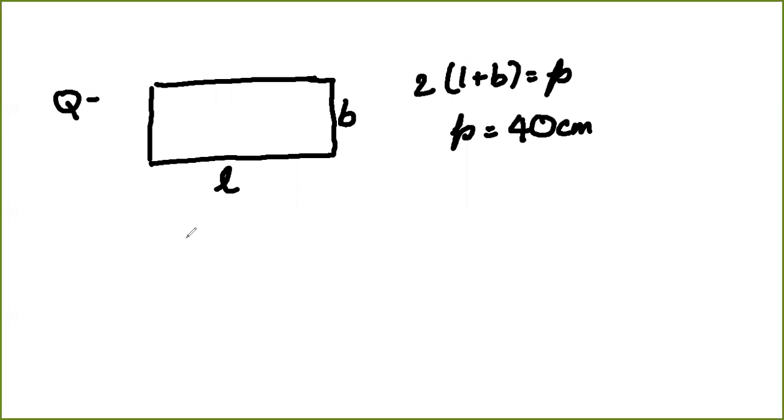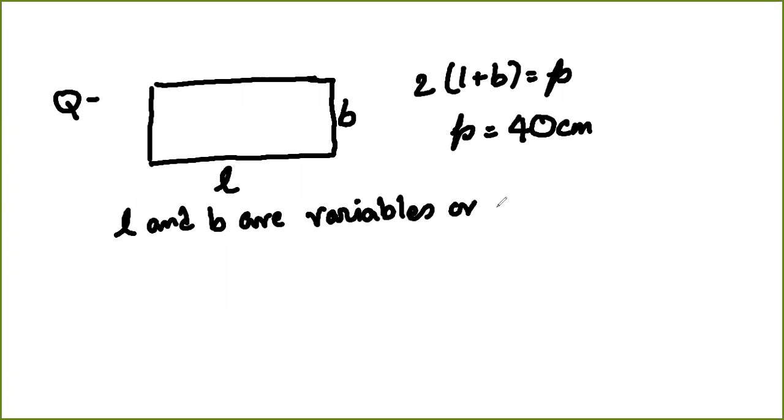So in algebra, we say that this symbol L and this symbol B are known as variables, or unknowns. At the beginning, we do not know what they are, but we can still find out how they work.